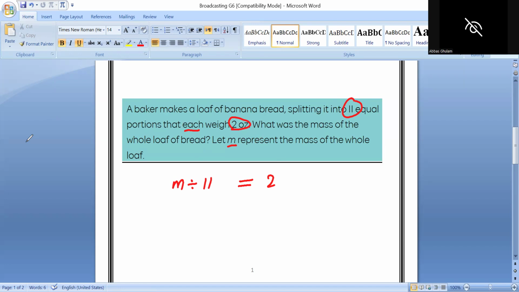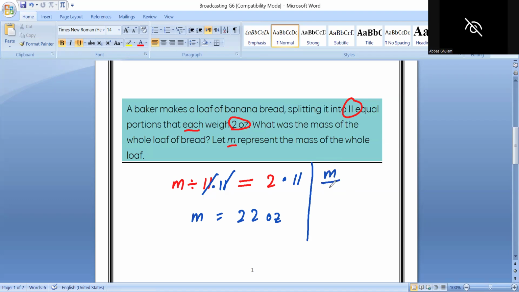We know that the inverse of divide is multiply. So we can write here times 11, and the same thing you will write on the other side, times 11. So I cross 11 with the 11. So m is equal to 22 ounces, oz.